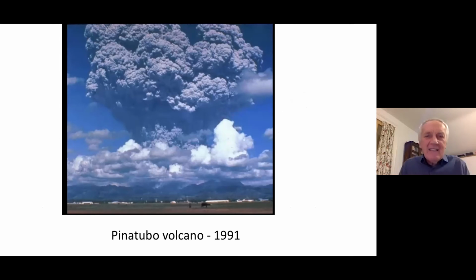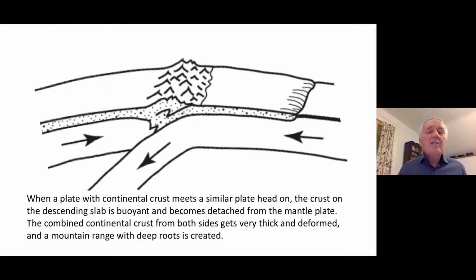That leaves one last situation. That's where the two opposing plates both carry an outer crust, which is continental crust. Now, this is messy. And I've written here, when a plate with continental crust meets a similar plate head on, the crust on the descending slab, that's on this side, because it's buoyant, it becomes detached from the mantle below.